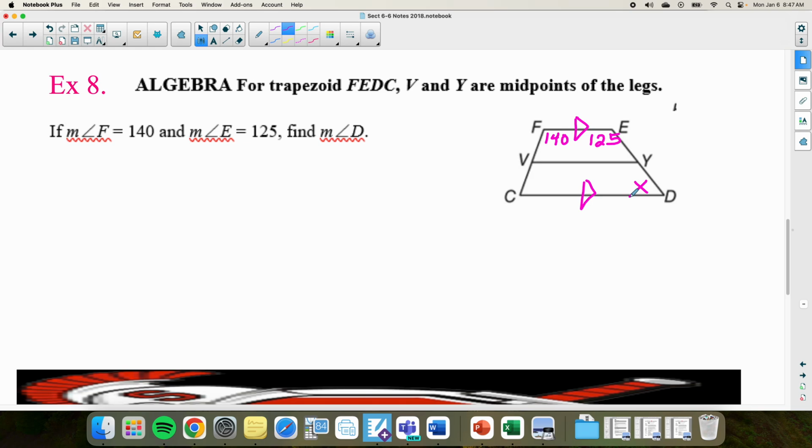If these are parallel, what do I know about those two angles? They're supplementary, they add up to 180. So to find D, I would just go 180 minus 125, which is 55.